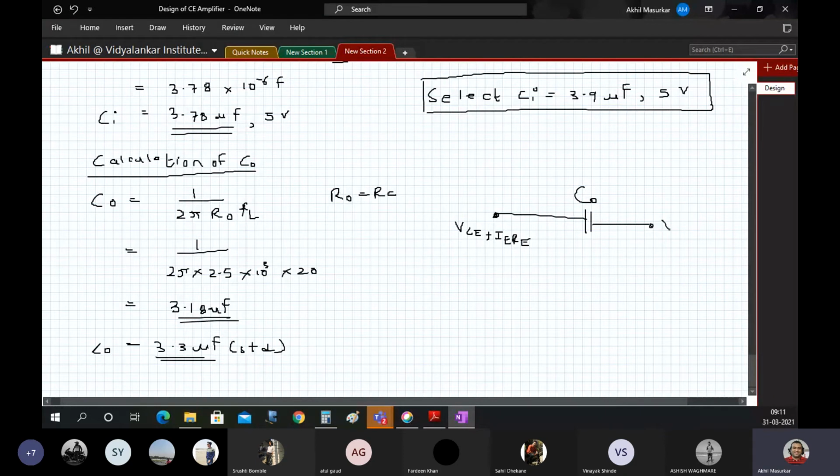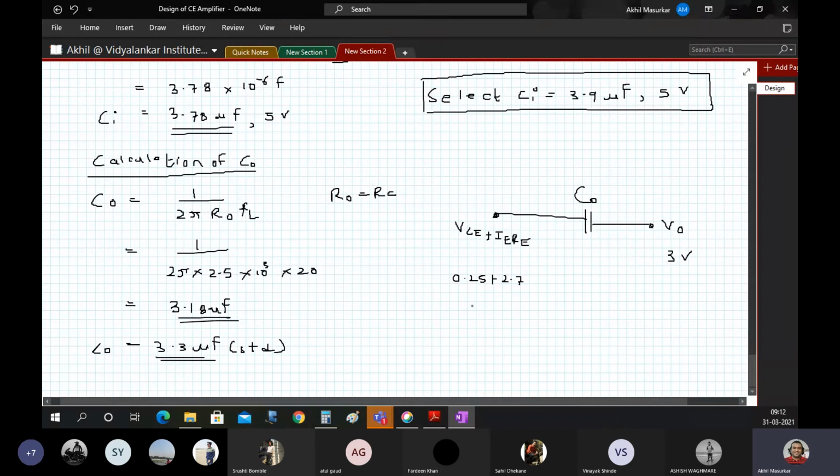My V0 can go at the most up to 3 volts, and VCE sat was 0.25 and IERE was VRE, so that was 2.7.